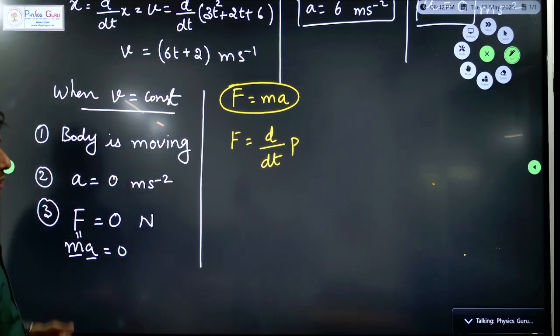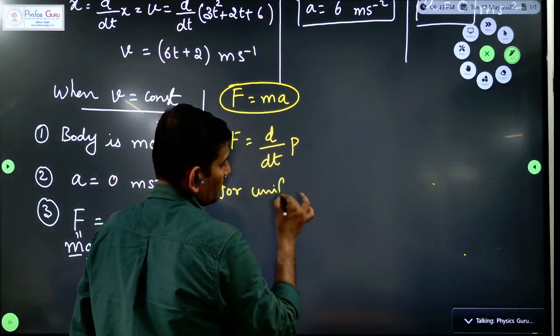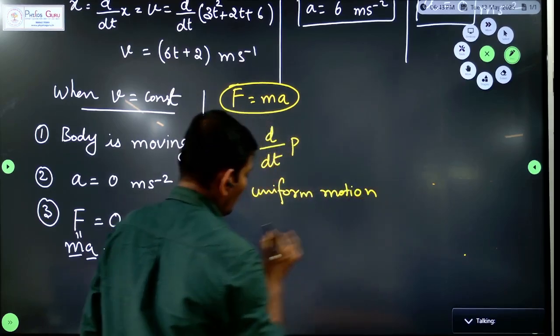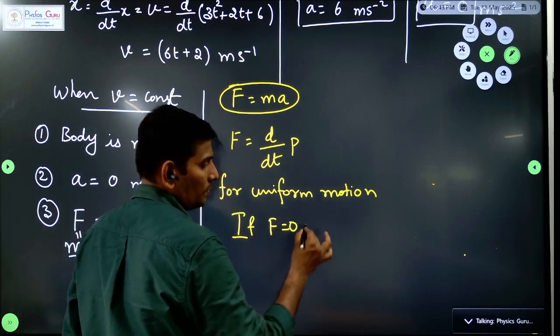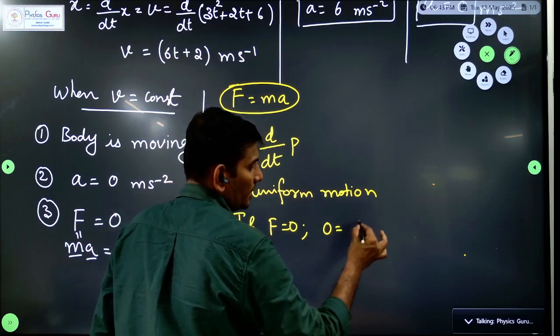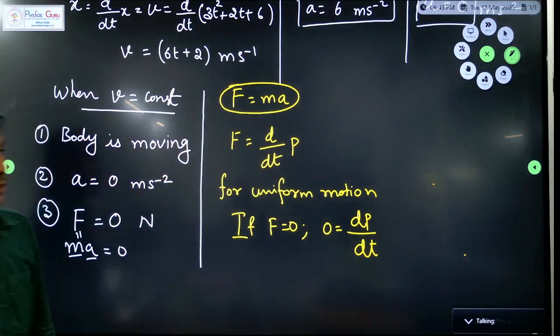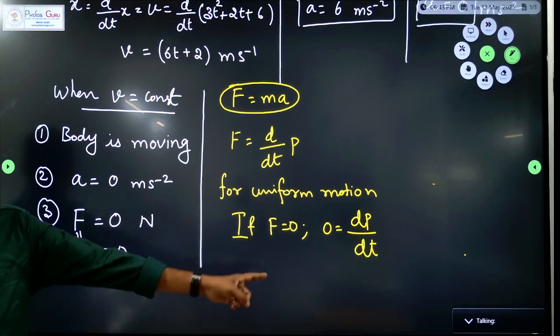According to this condition, for uniform motion, if force is equal to 0, that means 0 is equal to dp by dt. Is that right? It says something to me.